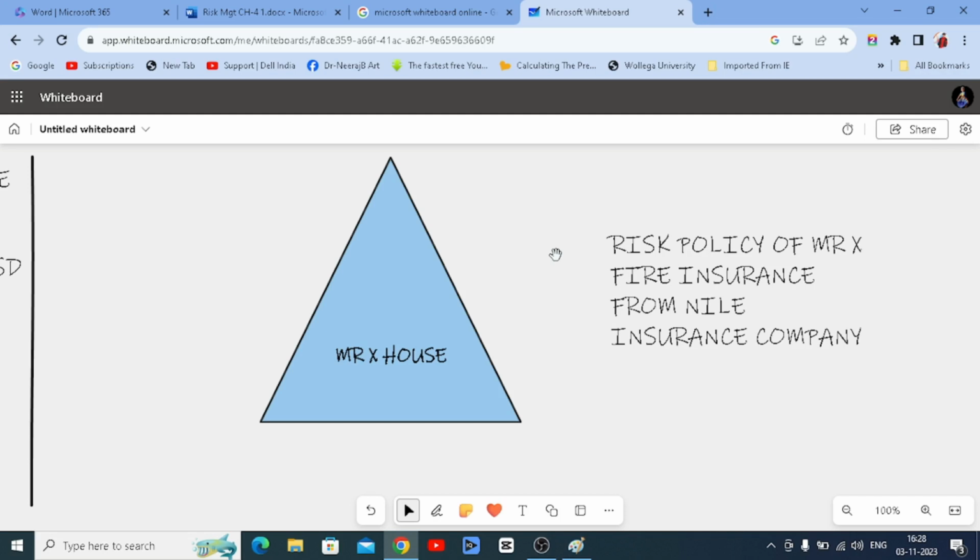Then only the insurance company will pay the insured, Mr. X. Now, what are the perils? Fire as well as earthquake. What is covered in this particular case? Fire is covered.